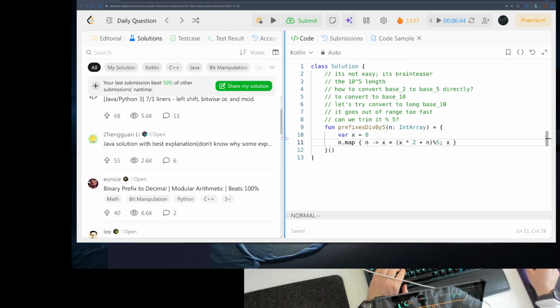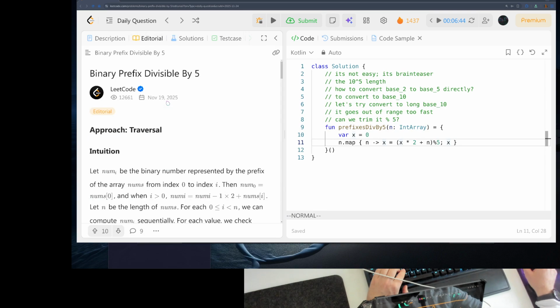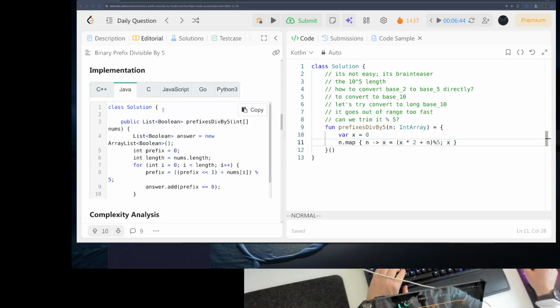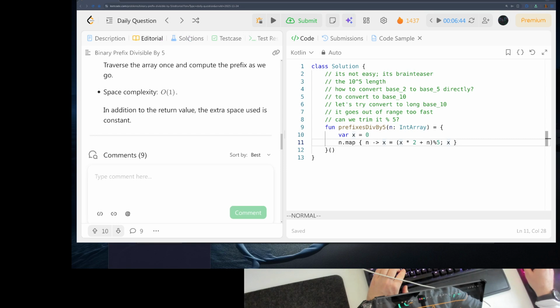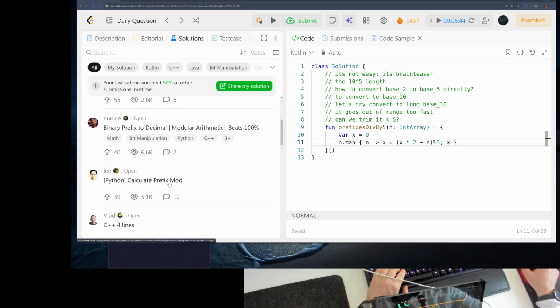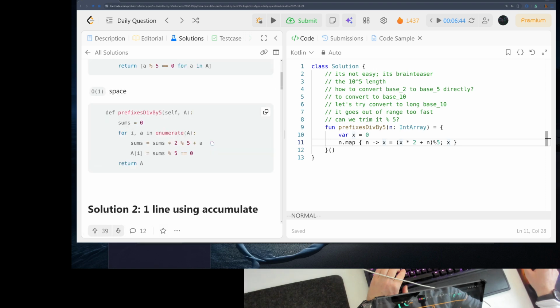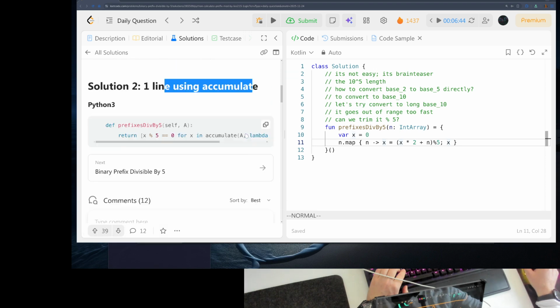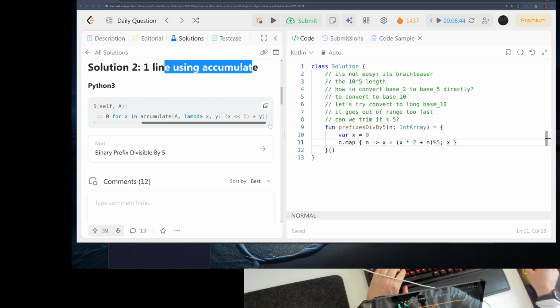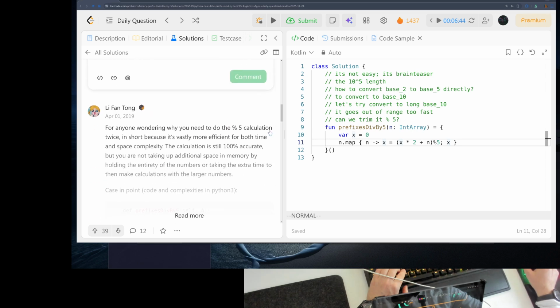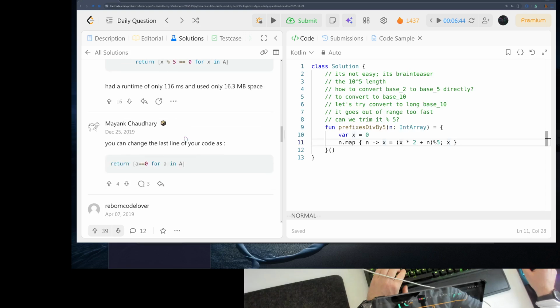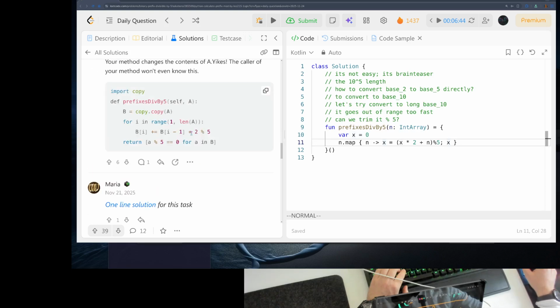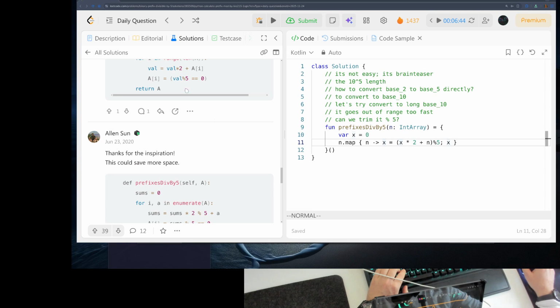I wonder if anyone mentioned the base 5. Okay, I will research it later.